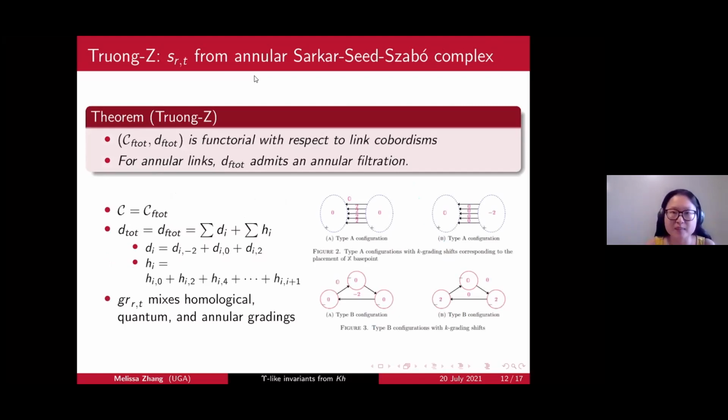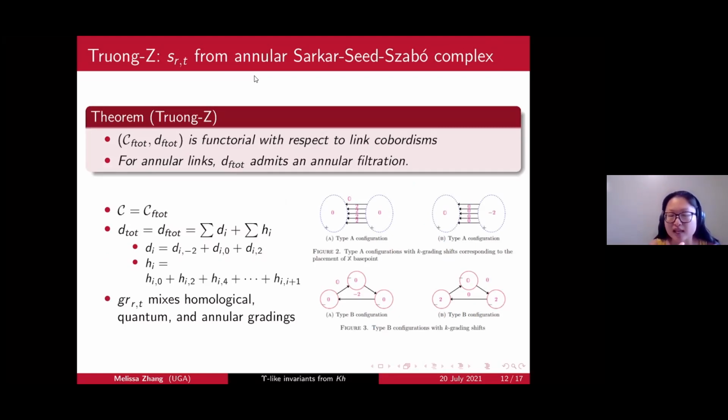So the reason why I mentioned Sarkar-Seed-Szabo's complex before is actually not just because of the Floer relationship as an example. It's because the work that I did with Lin was basically saying that you can do the same thing with their complex. So it turns out that the Sarkar-Seed-Szabo complex also admits an annular filtration.